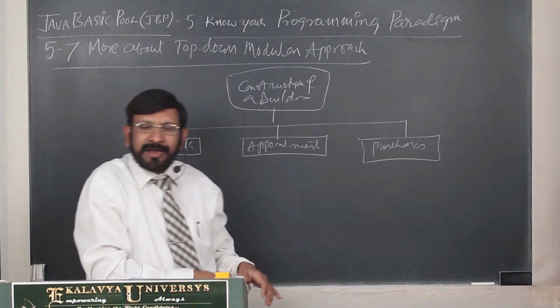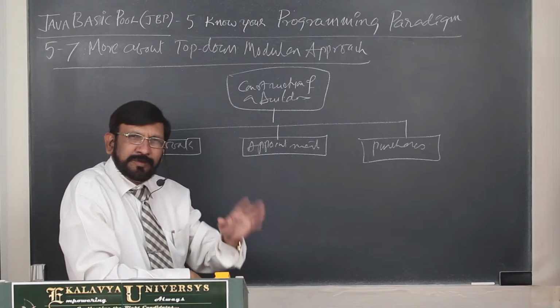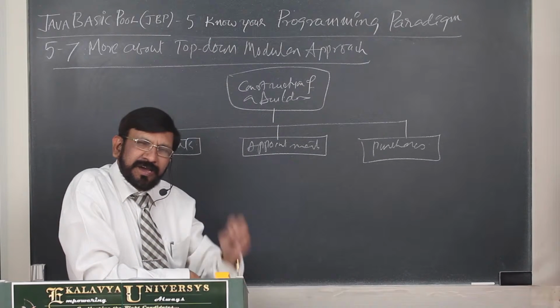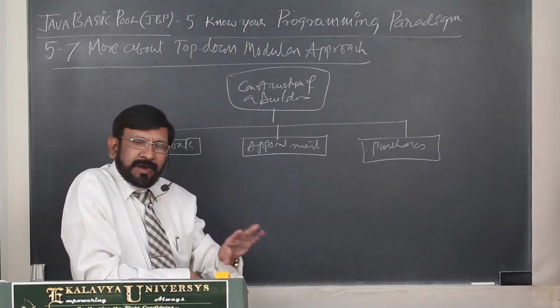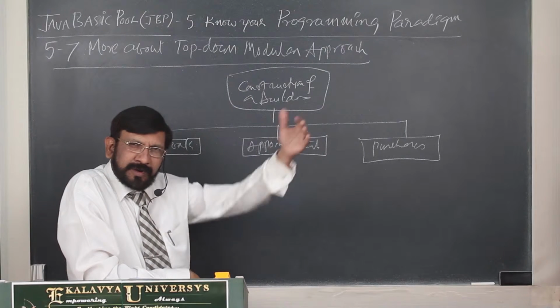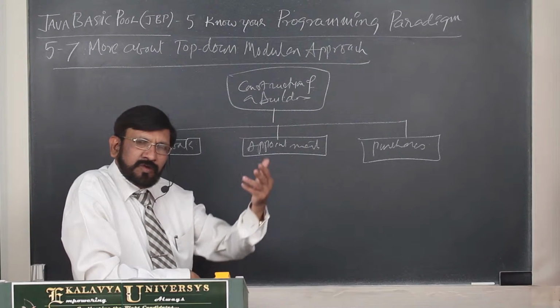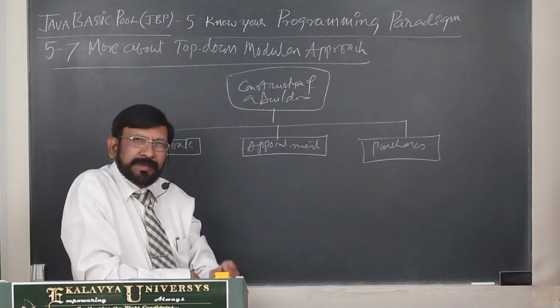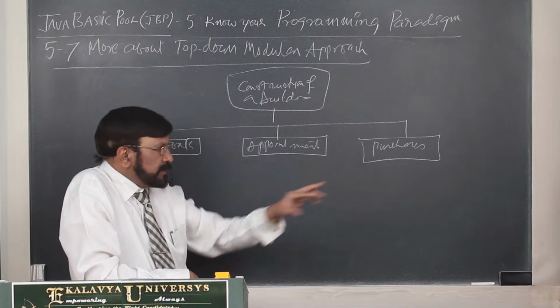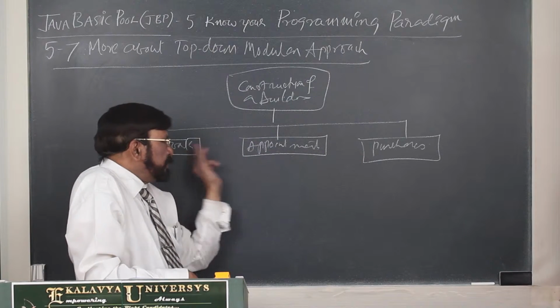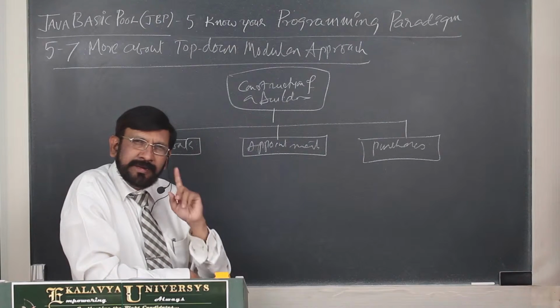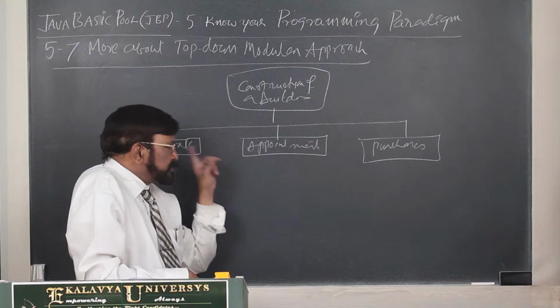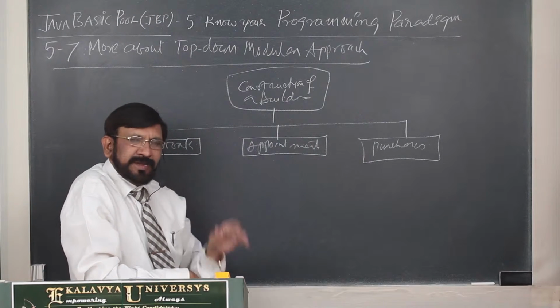I am giving you an open challenge. Most of you know what activities are involved in the construction of a building. Please tell me even one activity which is not covered by the three heads. Any activity you take should come under one of the three heads.